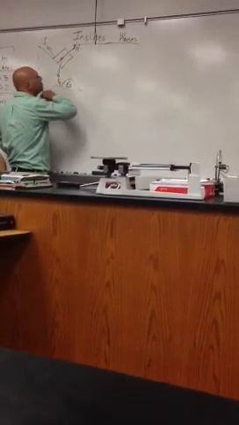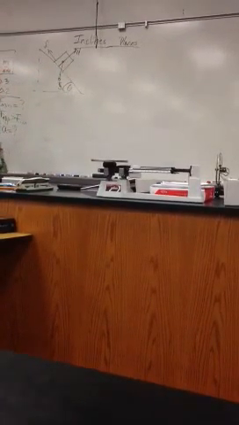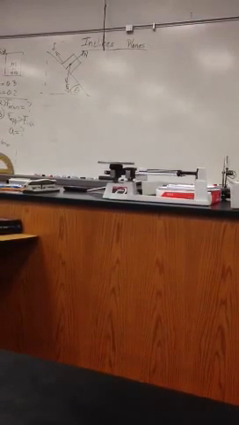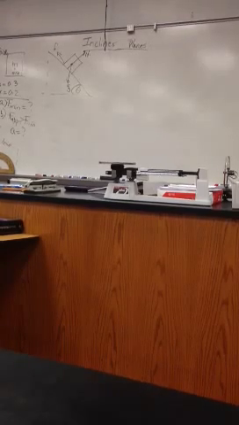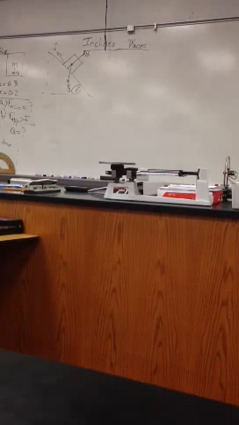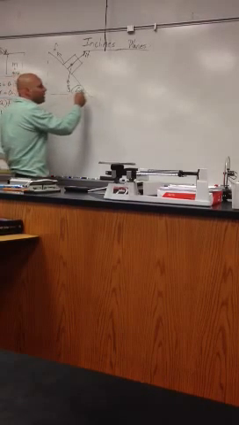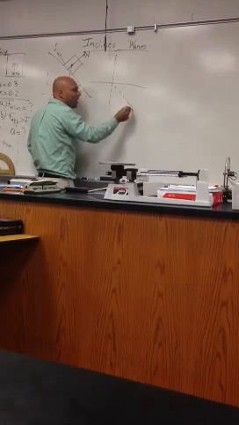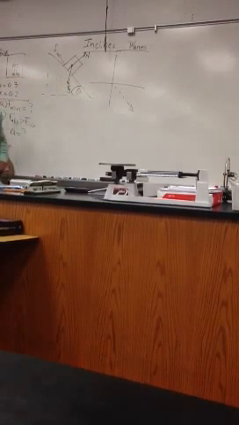Important here is to draw the free body diagram. In physics, it's better to draw the free body diagram in such a way that one axis coincides with the direction of motion. Why? Because if I draw the coordinate system this way, I will have an acceleration along x and along y.